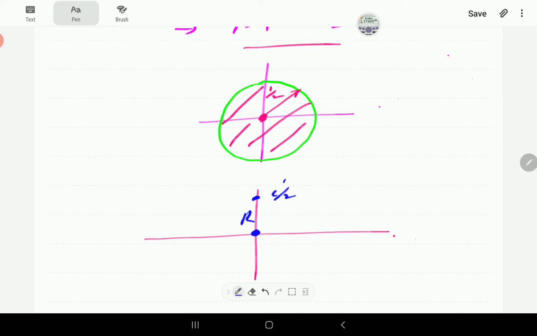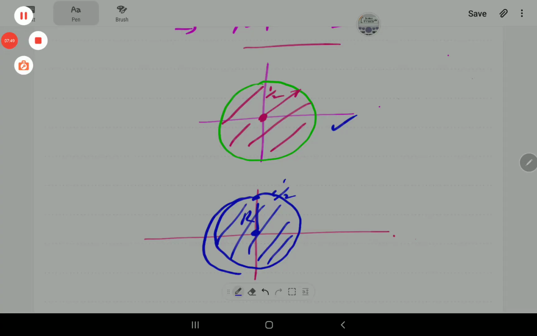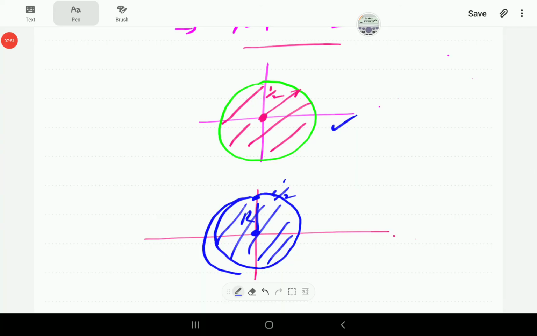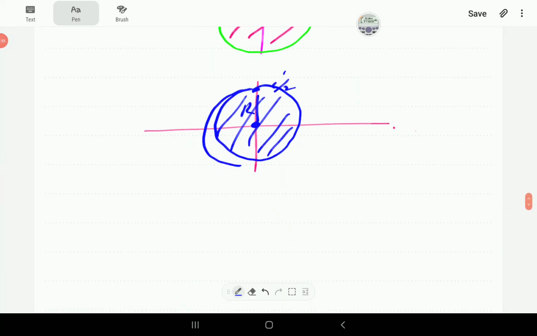So this is going to be our radius of convergence, from which again we get a disk of radius 1/2, which agrees with this one. So that is going to be our region of convergence.